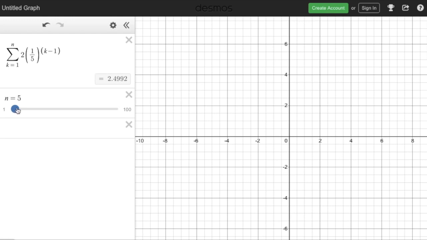So as n is getting bigger, what it means is that we're adding on more and more and more terms. All right? And so then we can see that it's just defaulting rounding to 2.5. Okay, those terms that I'm adding on at the end are so close to 0 that they're hardly contributing anything. Okay, so that's why the sum from 1 to infinity, if I add up all of these not stopping, I get 2.5.